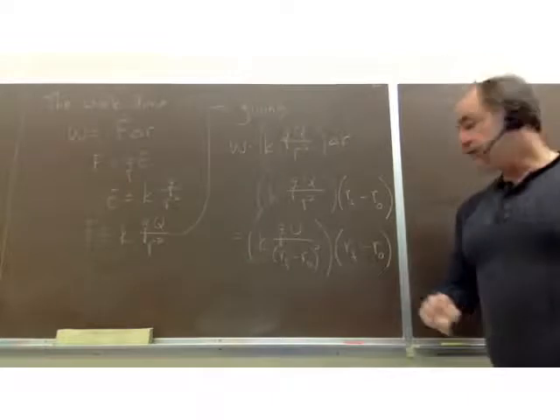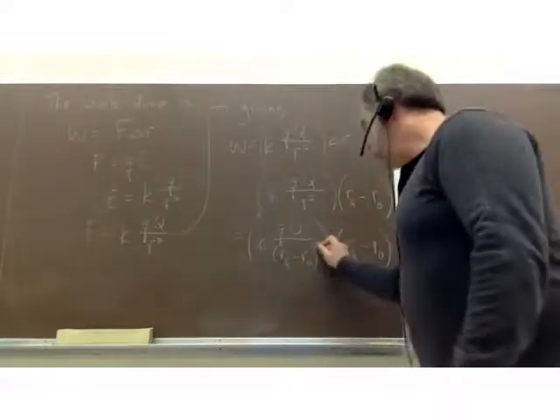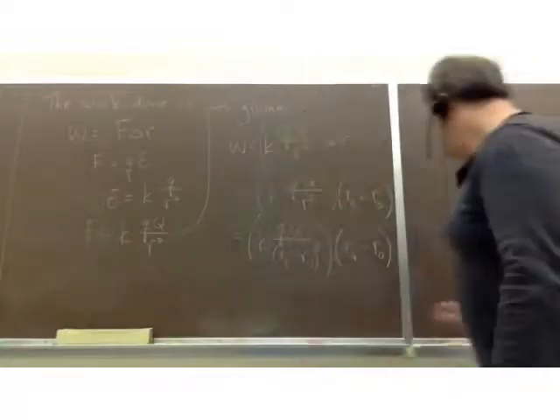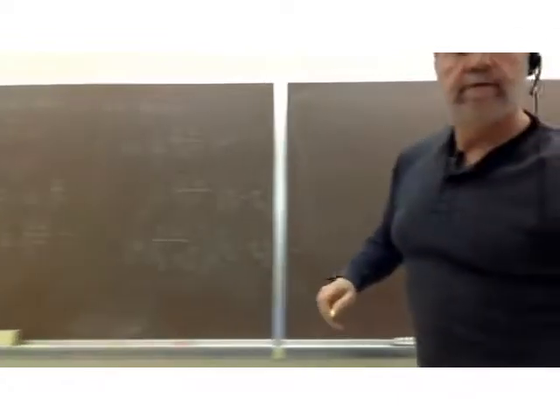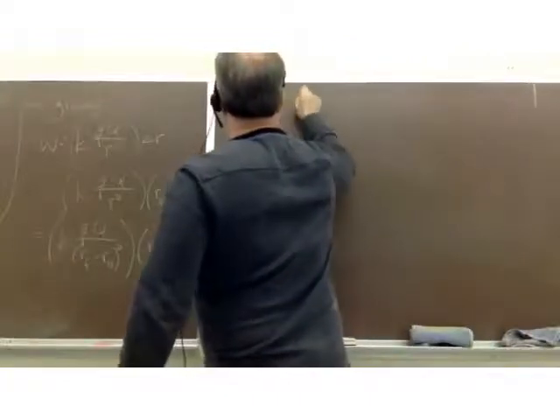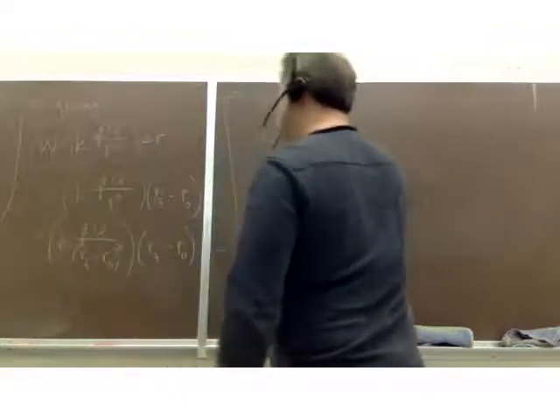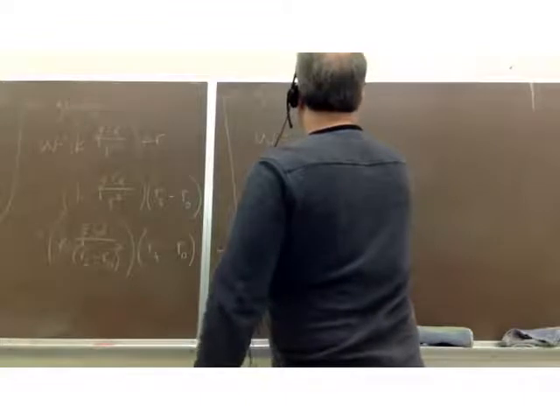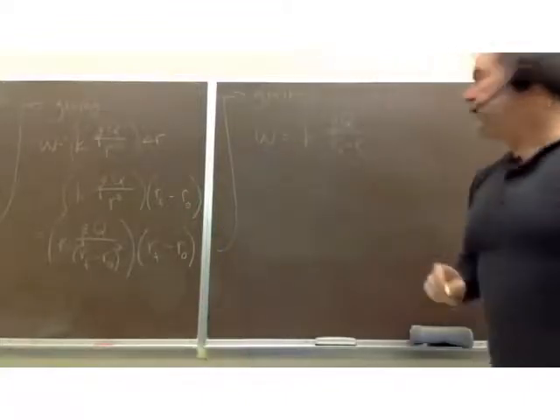And if I do that, then as you can see, this factor divides out one of those factors, and the result is the work can be calculated as KQQ over R final minus R initial.